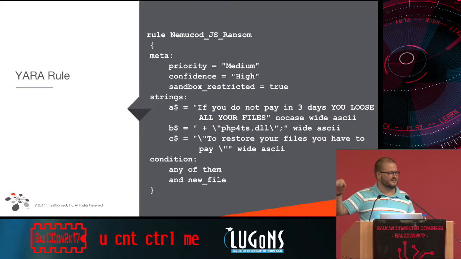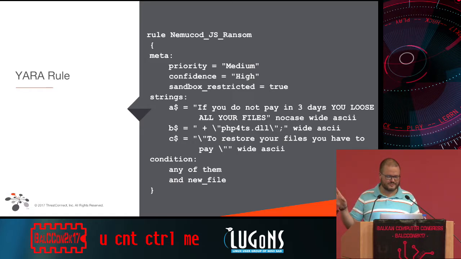And then down there's also this sandbox restricted flag. Certain files, if you find them on your network, are not necessarily files that you want to waste cycles sending automatically to the sandbox. You could be looking for things that won't actually run in your sandbox, but it's still important to catch them in your collections.